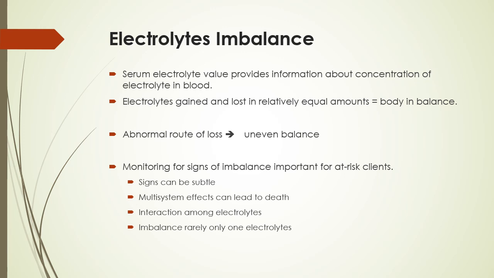So we end up giving the patient insulin, because when the blood glucose shifts into the cells, it takes the potassium with it. But you also have to watch when that happens that you don't drop the blood glucose too low, because your brain does not store glucose. If the blood sugar drops too low, your brain starts to starve. Don't forget that when you have an imbalance, it is seldom just one electrolyte.